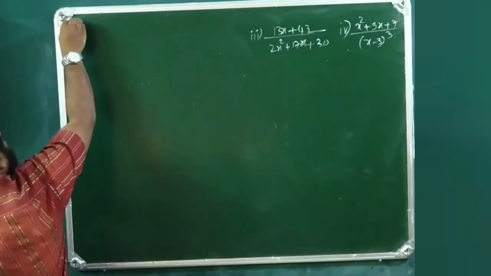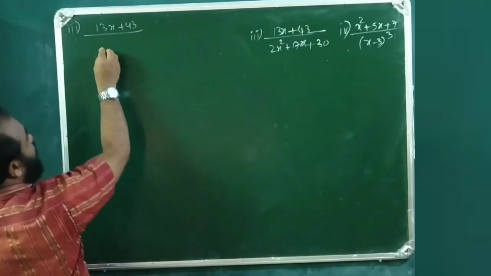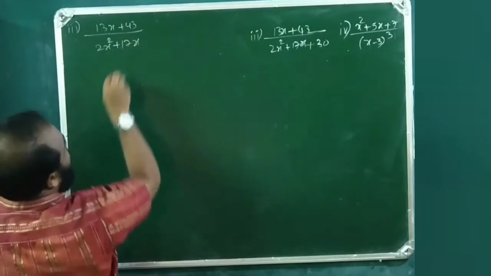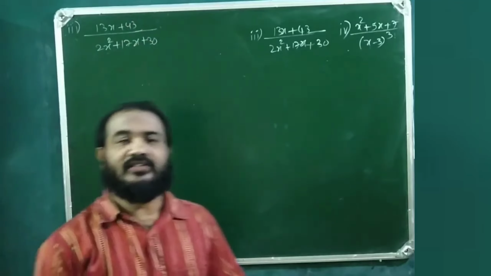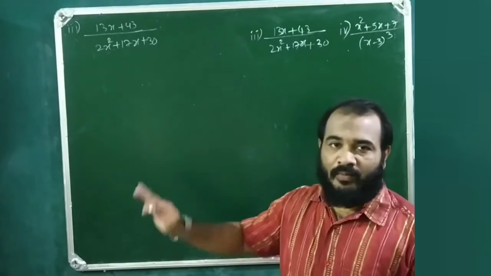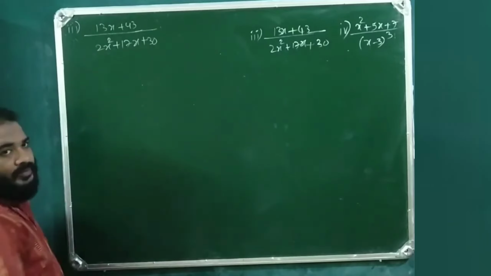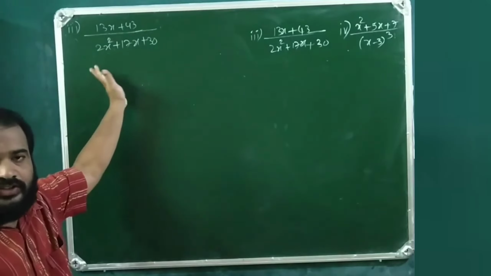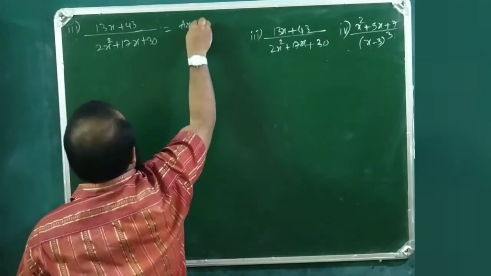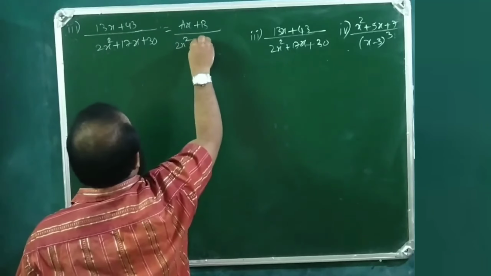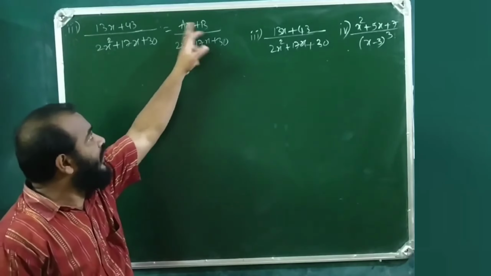So the third question is 13x plus 43 by 2x square plus 17x plus 30. Most of the students do this problem wrong, because since this denominator contains a quadratic factor, they will jump to type 3 and they will take this as ax plus b by 2x square plus 17x plus 30, and they will evaluate a and b.